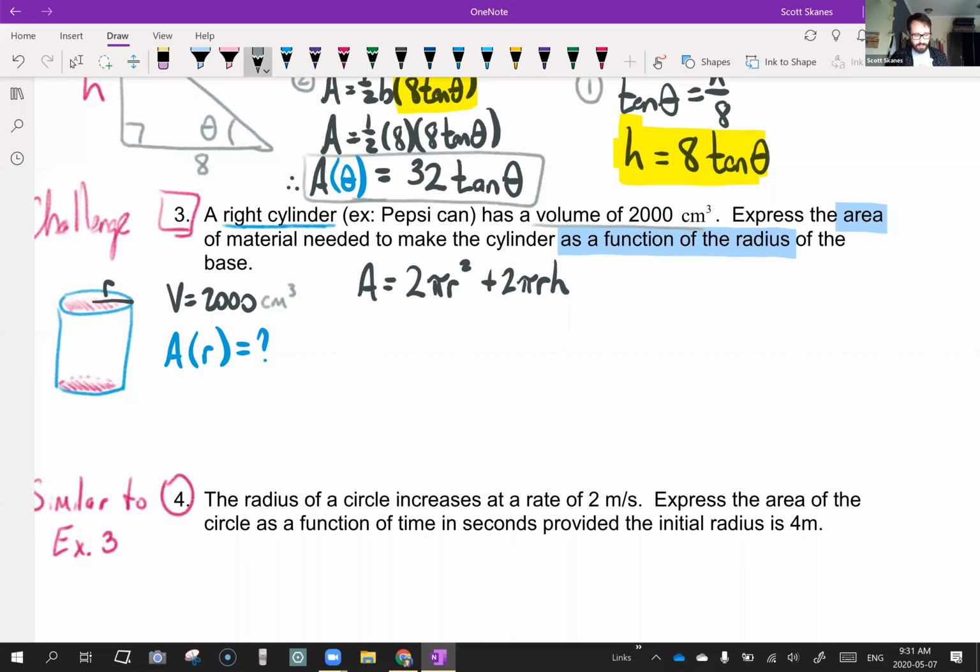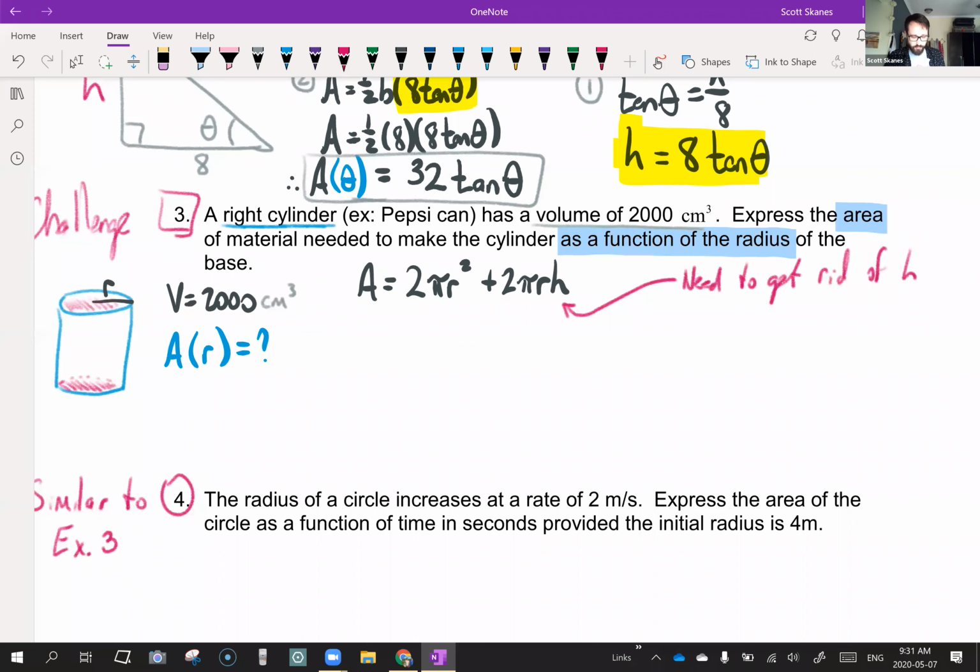First of all, why is this area not okay? Well, because it's a function currently of r, but also h. And we want it as a function of r only. So we need to delete the h. We need to get rid of h.